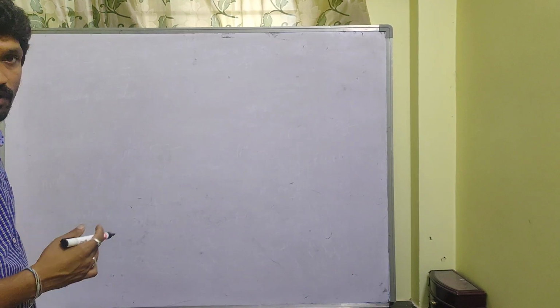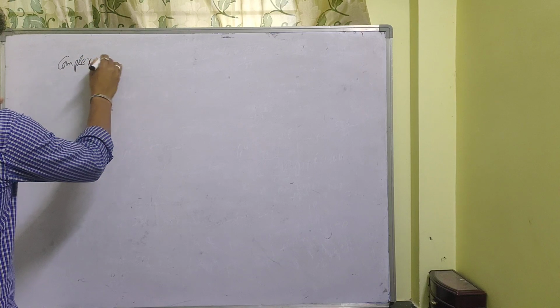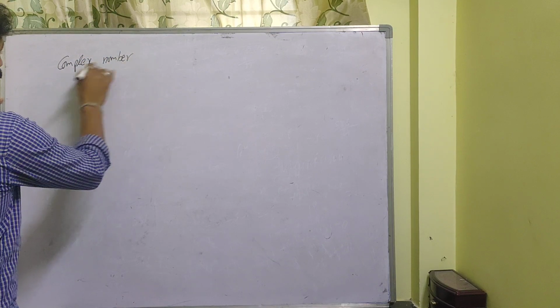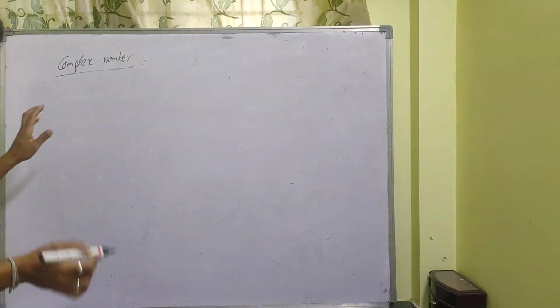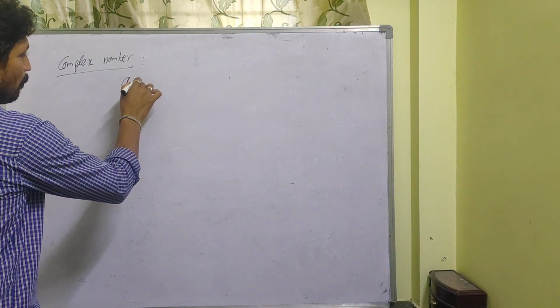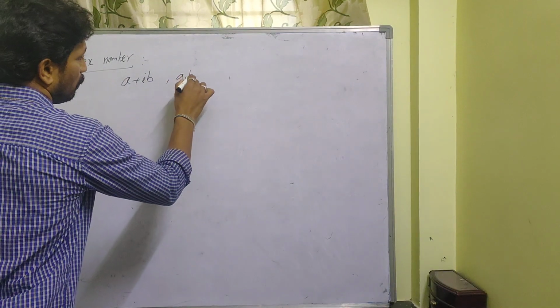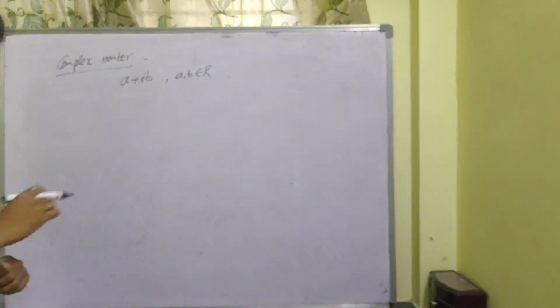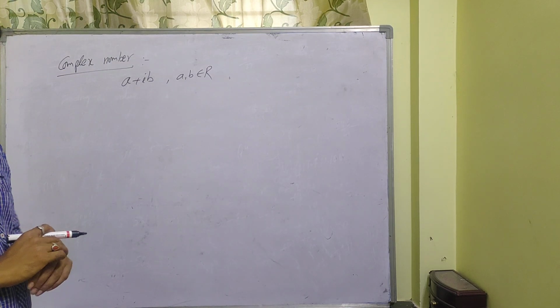Next, the general form of the complex number. The number which is in the form a plus ib, where a, b belong to the real numbers, is called a complex number.